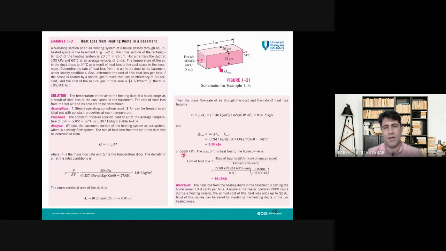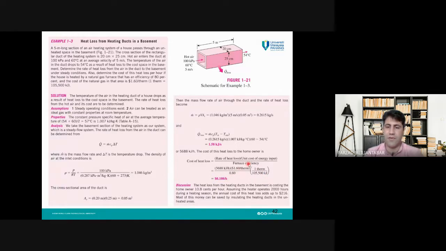Okay, the rate of heat loss is this much, we have already calculated. How much is the cost? It is given: $1.6 per therm. And you know each therm is 105,500 kilojoule. One therm is this much. So we use this unity conversion ratio to convert the unit from kilojoule per hour to therm.